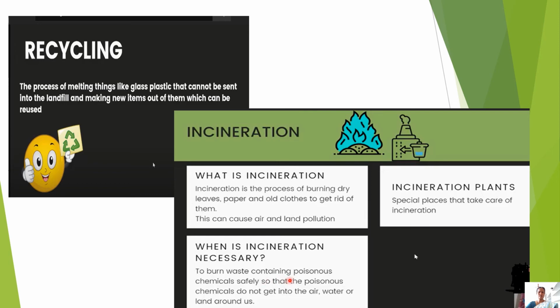This has to be burnt safely so that the poisonous chemicals do not get into the air, water or land around us. So incineration is the best method for this. There are special places that take care of incineration. These are known as incineration plants.